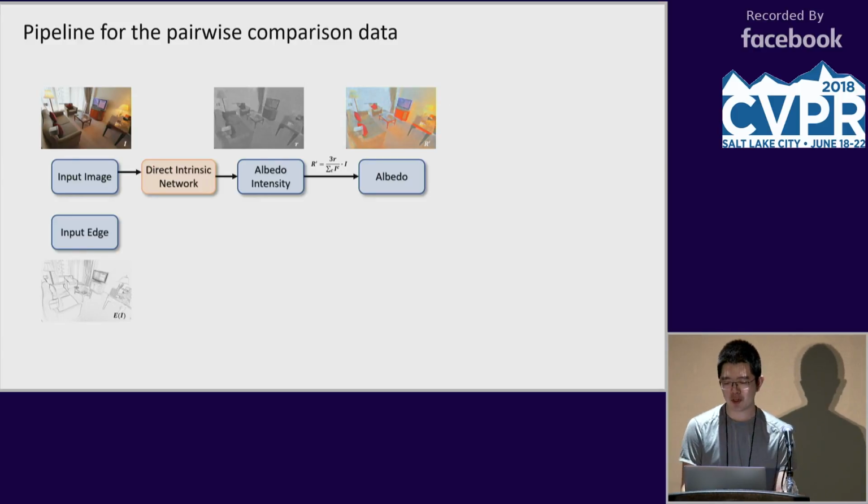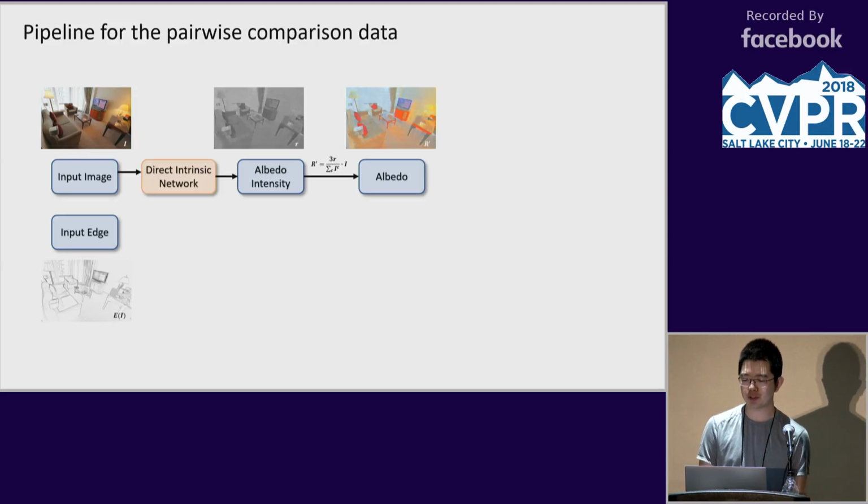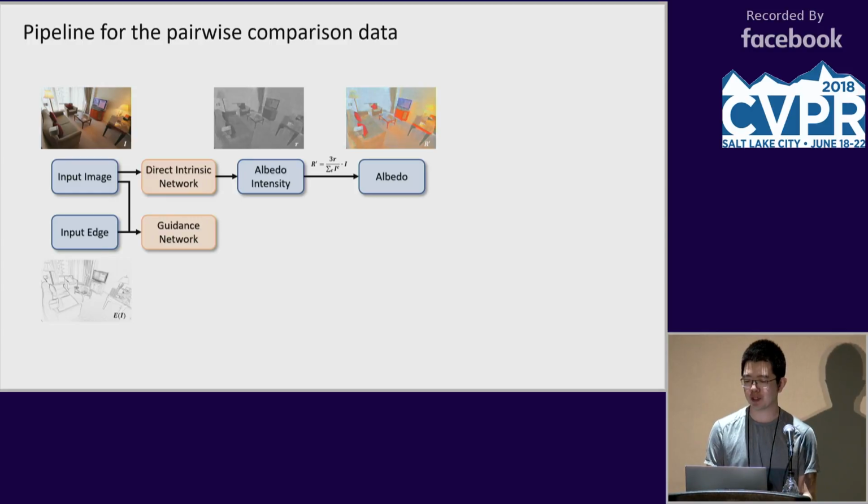At first, we compute an input edge map as the absolute difference between each point and its surroundings for the input image. We feed the computed input edge map along with the input image to a guidance network, which shares a similar network structure as the direct intrinsic network, to predict a sparse edge map, which serves as the guidance map for the later filtering purpose.